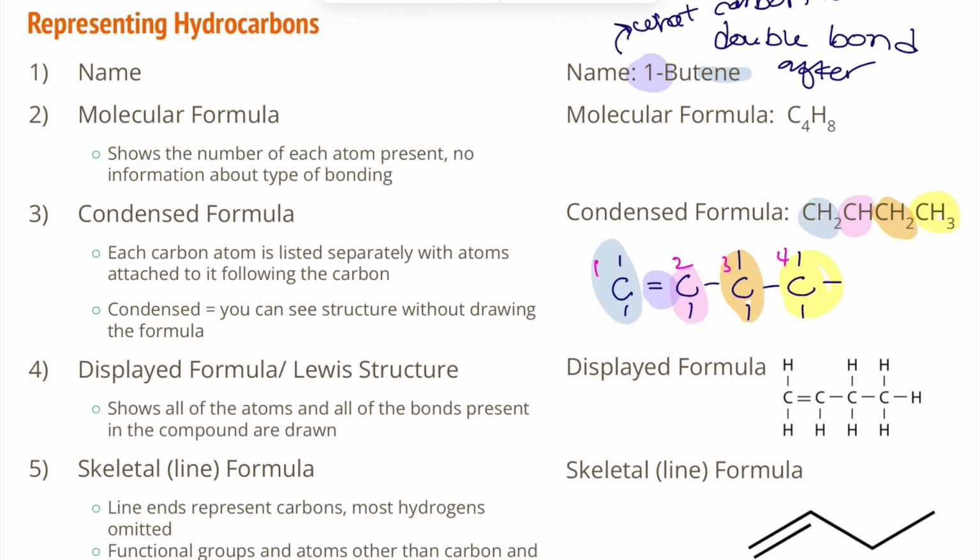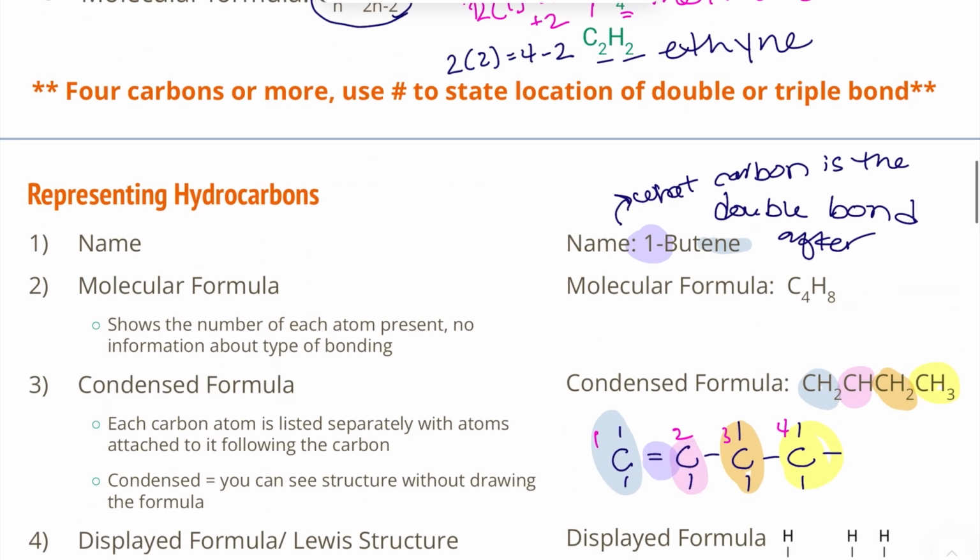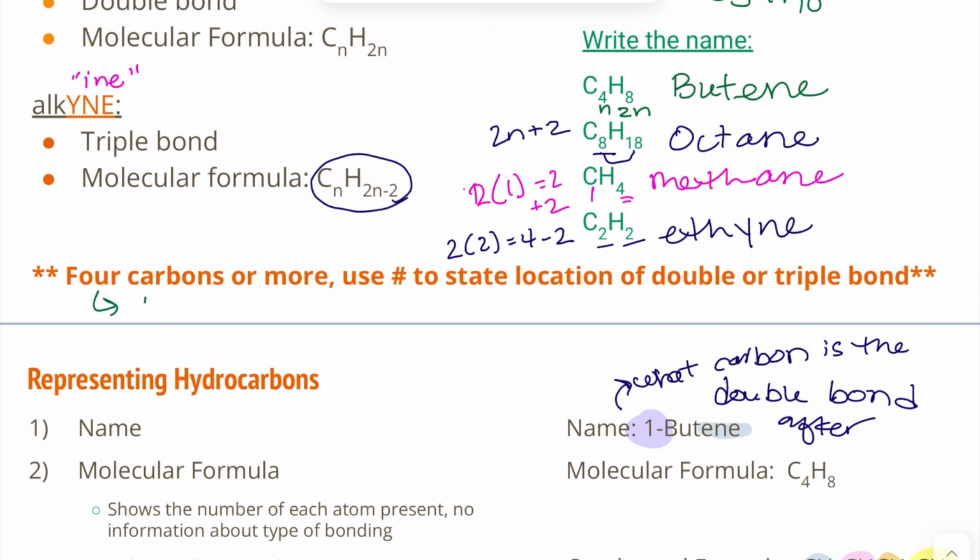It would not be correct for us to look at this one and count it as first carbon, second, third, fourth, and name this 3-butene, because we always want our numbering so that the double bond is at the lowest number possible.